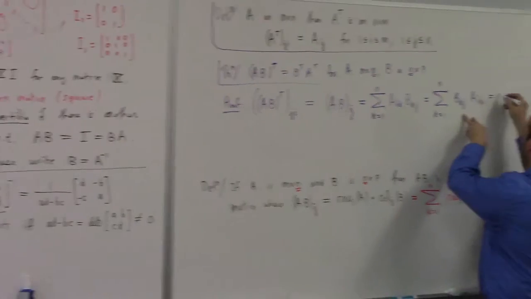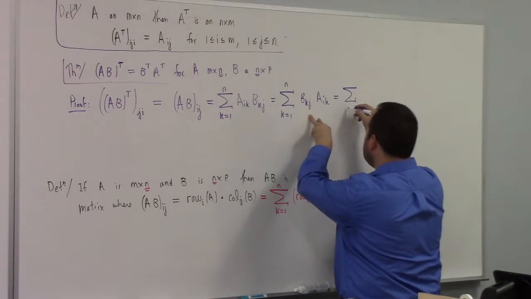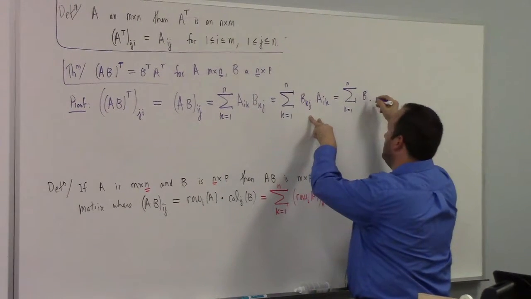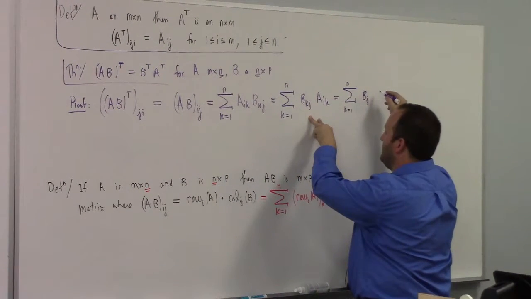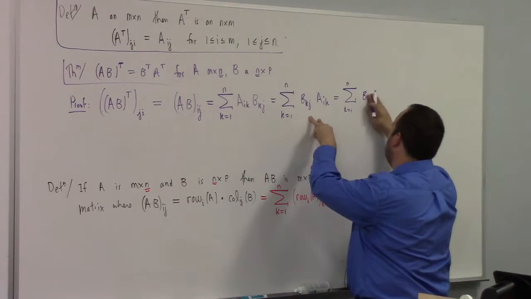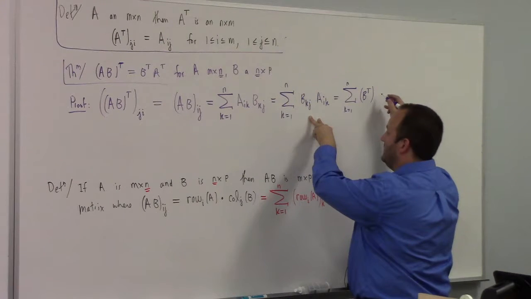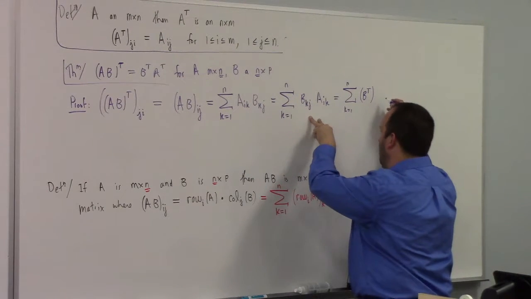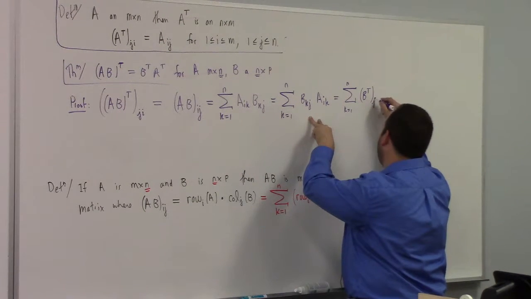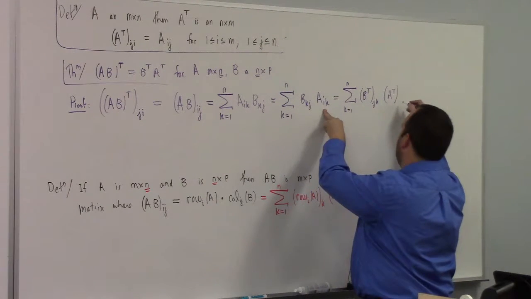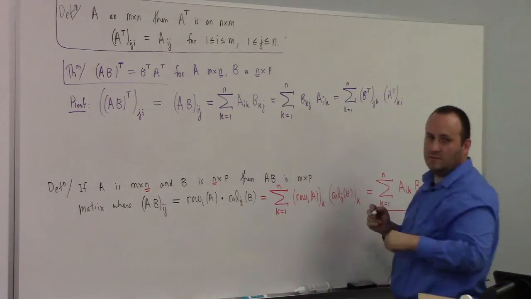And then I use the definition of transpose again. So this is B transpose, jk, and then that's A transpose, ki, right?